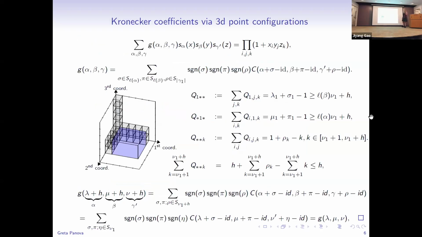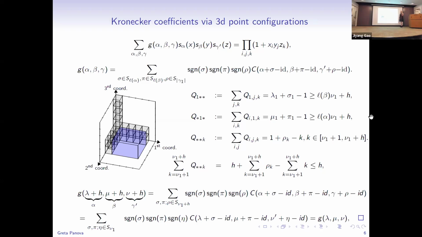And how did we do this? Well, that actually is a reference to Peter Winkler's talk. We did 3D contingency arrays; in his case it was 2D diagrams, and we did it in 3 dimensions. You can write the Kronecker coefficient as a signed sum over counting point configurations in 3D, pictures like that.